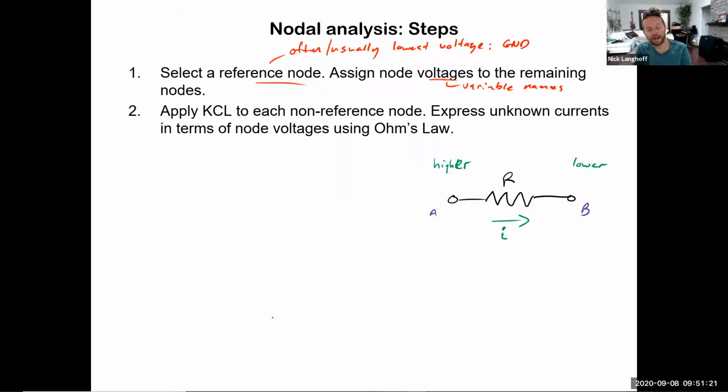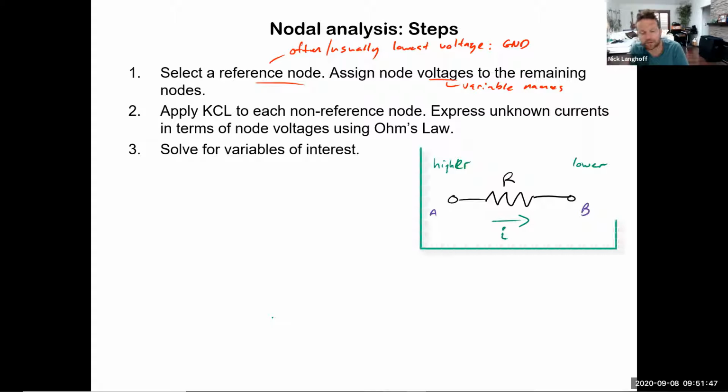And then apply Kirchhoff's current law, or KCL, to each non-reference node and express the unknown currents in terms of the node voltages using Ohm's law. That sounds like a lot of steps, but you're going to see that it's really pretty straightforward. So then you solve for the variables that you're interested in.